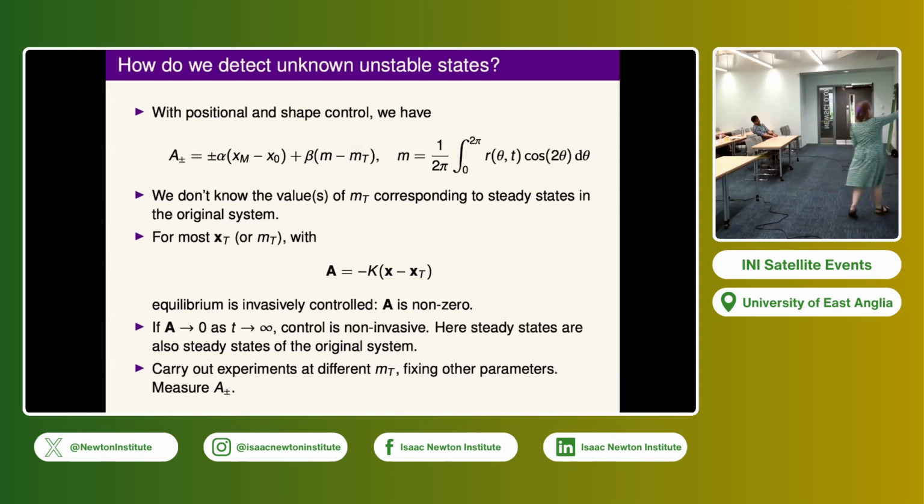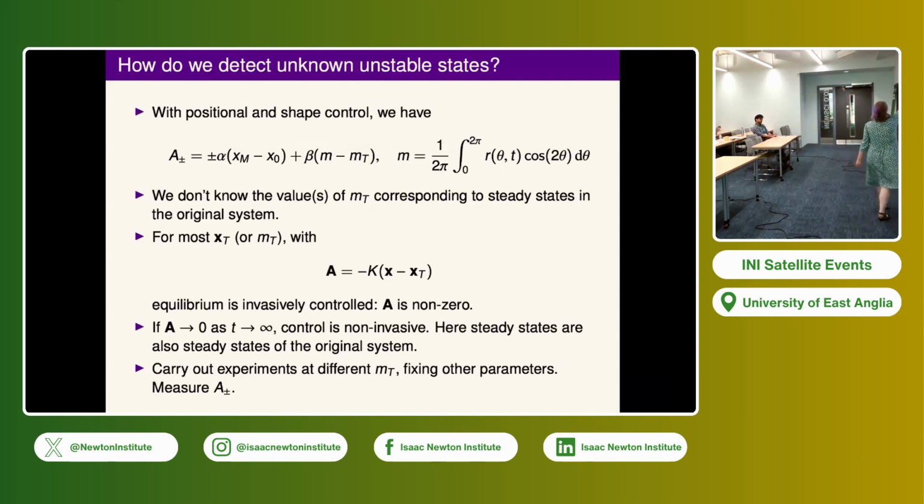So I've just picked an arbitrary xt. If the bubble actually went towards xt, was exactly xt, then A would be 0, and it would have to be a steady state of my original system. So I could only get that if by complete fluke my target was a steady state of the original system.